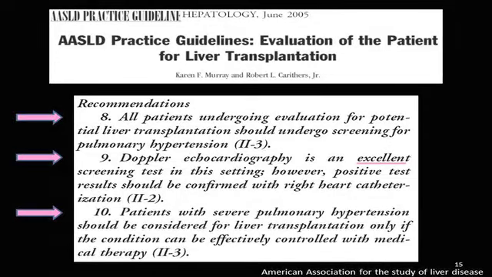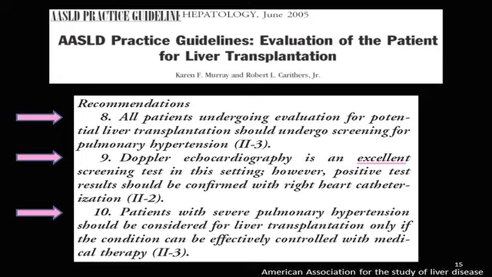For this reason, as the clinical findings are non-specific, the American Association for the Study of Liver Disease put together these guidelines in 2005. Those guidelines are targeting the evaluation of patients for liver transplantation.